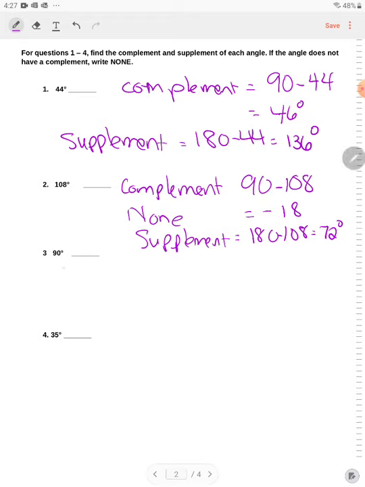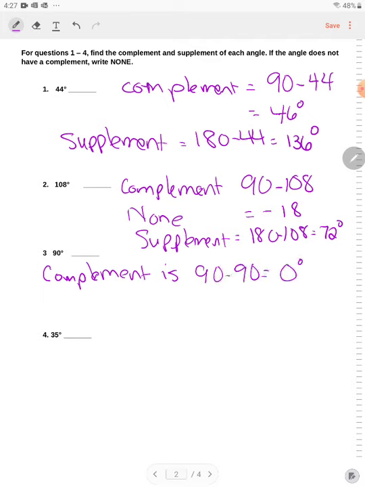Next, 90 degrees. So your complement is 90 minus 90, which is 0.